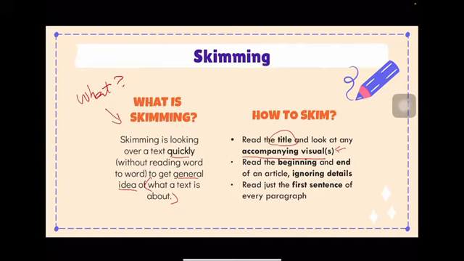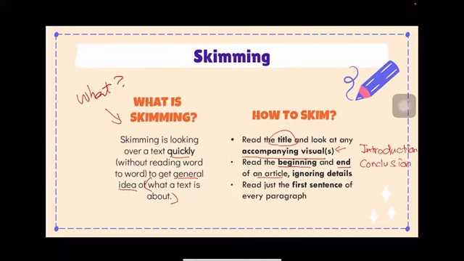And if you do not see any title or visual accompanying your text, you have to look at the beginning and the end of the article. The beginning of the article usually refers to the introduction, and the end is usually the conclusion.